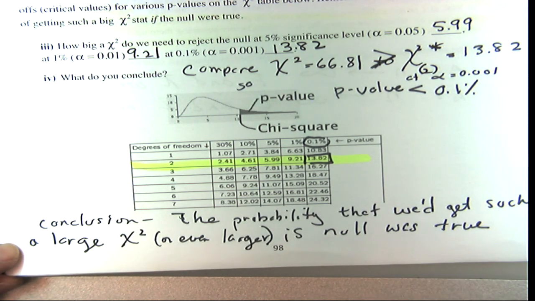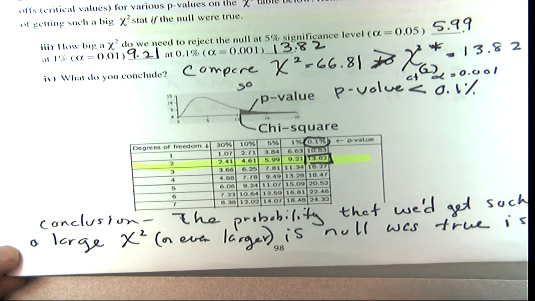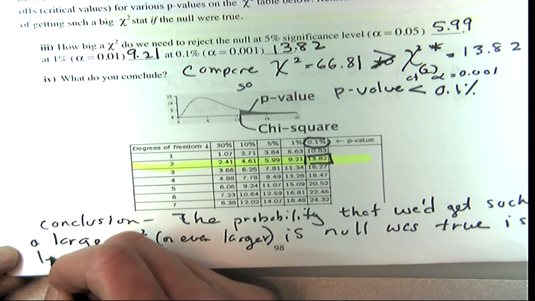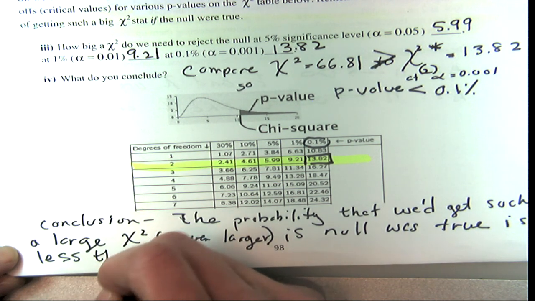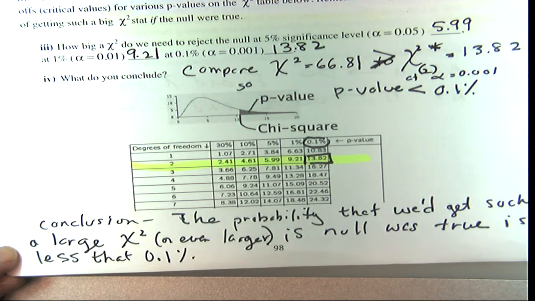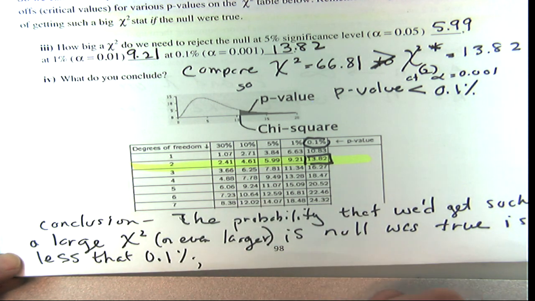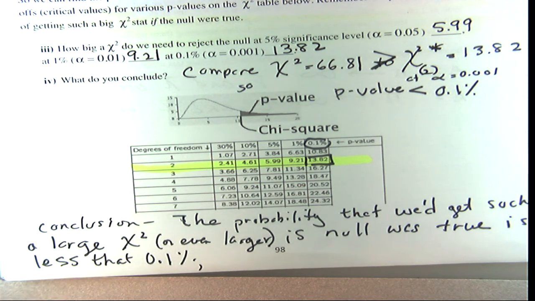We saw how tiny it is. It's way less than 1%, less than even 0.1%. So we reject that null and conclude that at least one of the slopes is significant. All right?